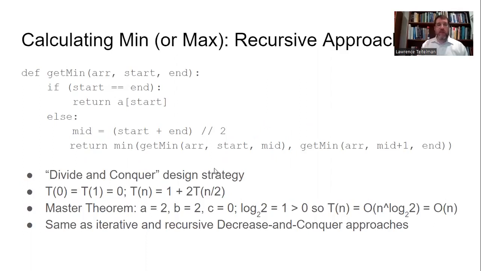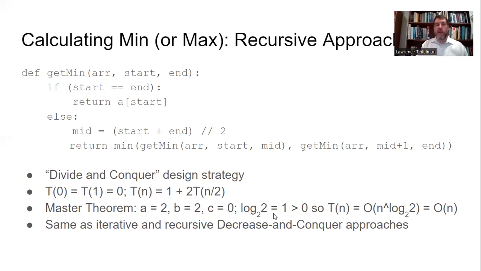Okay, the recurrence would look like this, right? We have 1 plus 2 times the 2 subproblems. Each subproblem is half the size. We use our master theorem. So in the master theorem, we have A is the multiple, that's 2. B is what you divide by. And then C is the power of n. So 1 is n to the 0, so C is 0.